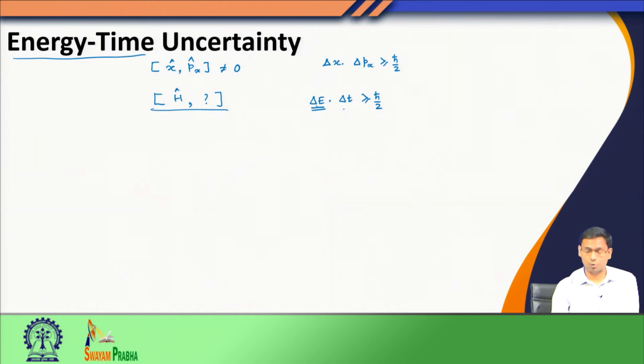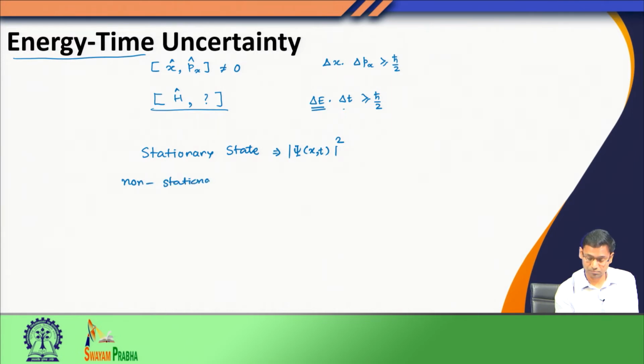We saw that when the system is in a stationary state, its probability density is independent of time, but when it is a non-stationary state, this term had explicit dependence on time.